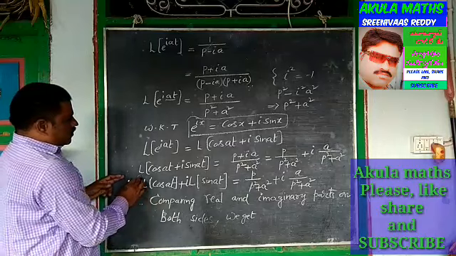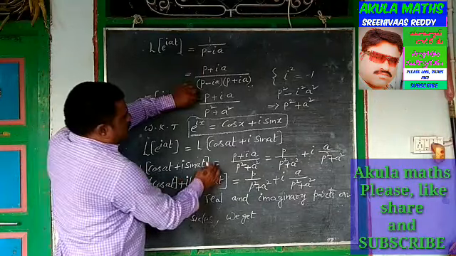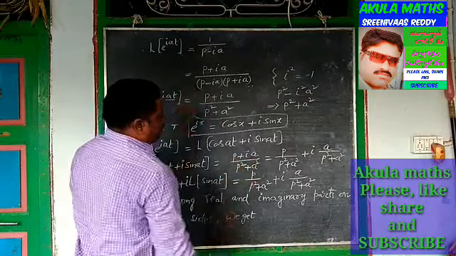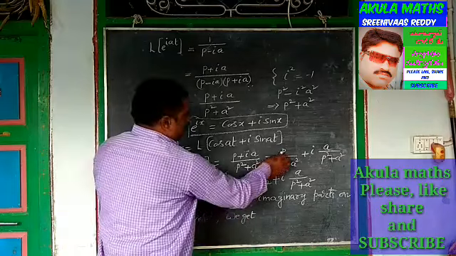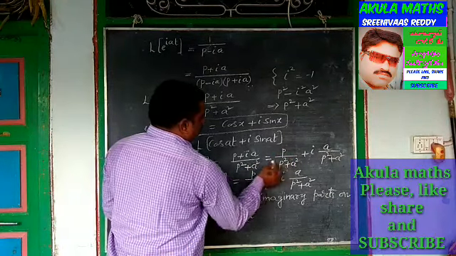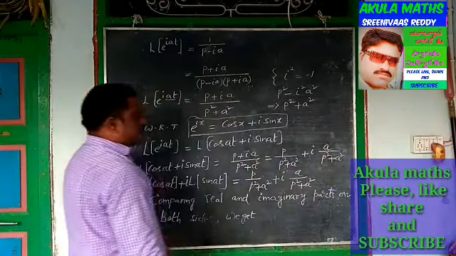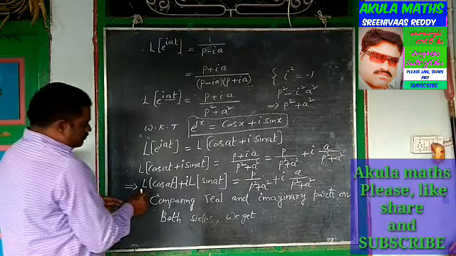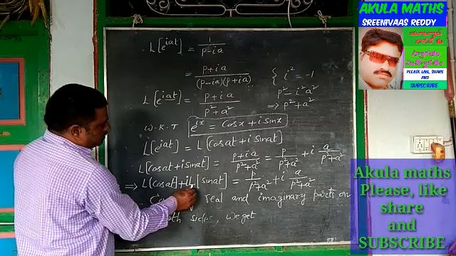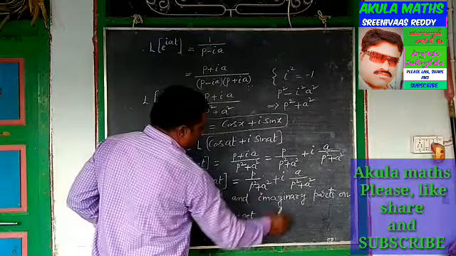So Laplace of cos at plus i sin at is equal to p by p square plus a square plus ia by p square plus a square. So p by p square plus a square is the real part, and a by p square plus a square is the imaginary part. So Laplace of cos at plus i into Laplace of sin at is equal to, so this is the real part and this is the imaginary part.